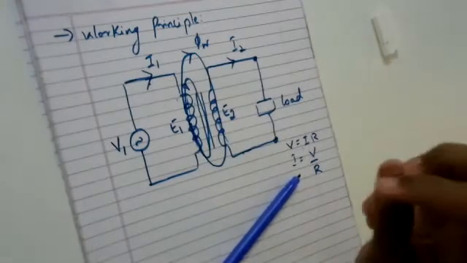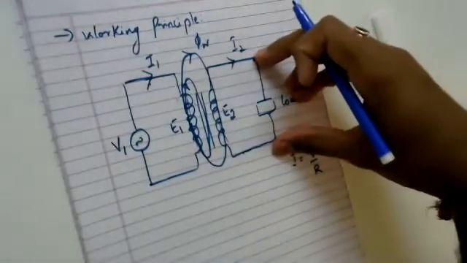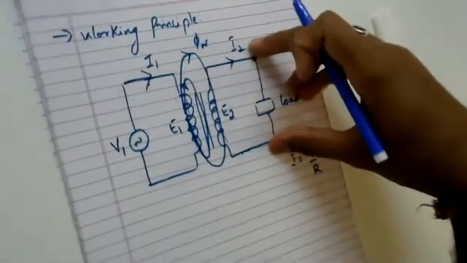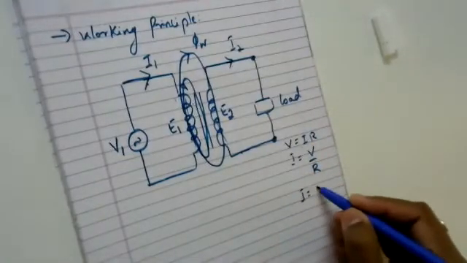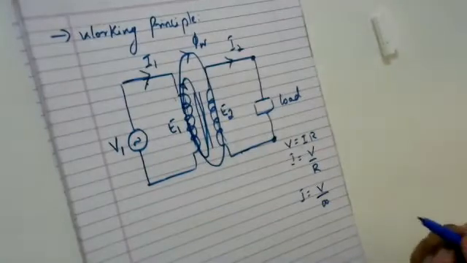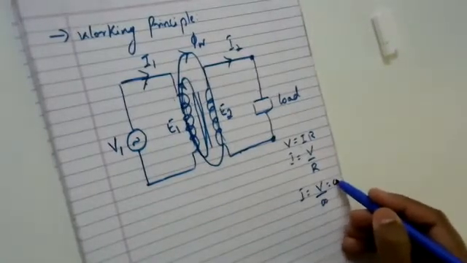Your resistance will be infinite because it's an open circuit. So when resistance is infinite, what happens? V divided by infinity, infinity in the denominator, so the value of I will be equal to 0.